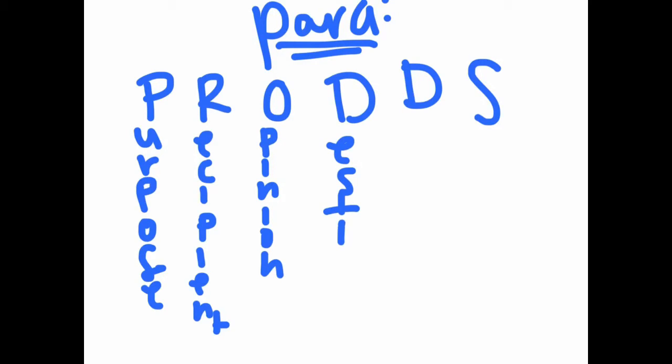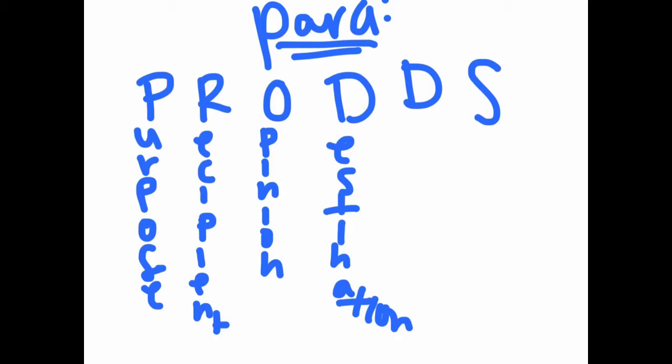The first D stands for destination, which simply means where you're going. So like yo voy para las islas. I'm going to the islands. Yo voy para el baño. I'm going to the bathroom.